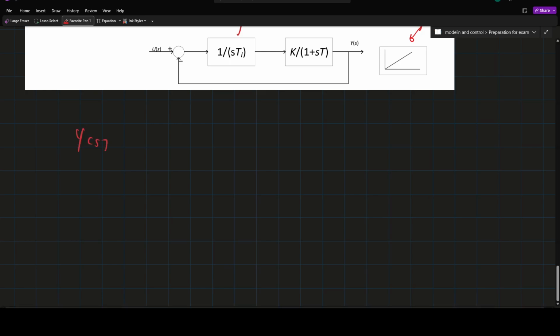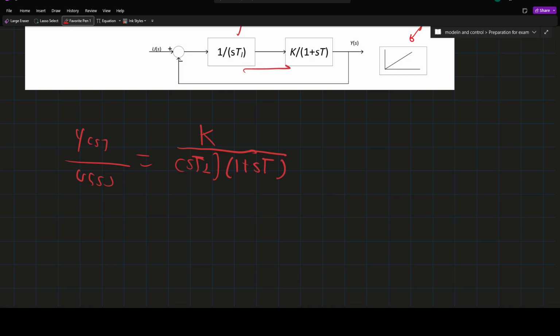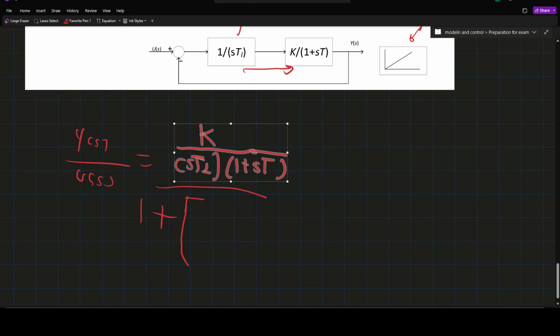Just like what we did before, we start by getting our transfer function, which is multiplying these two together over 1 plus this.